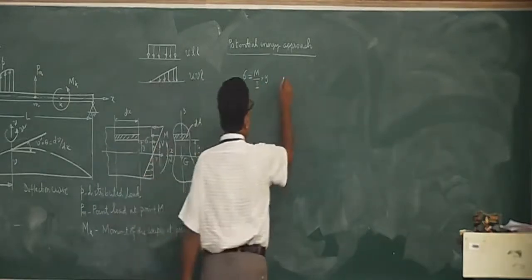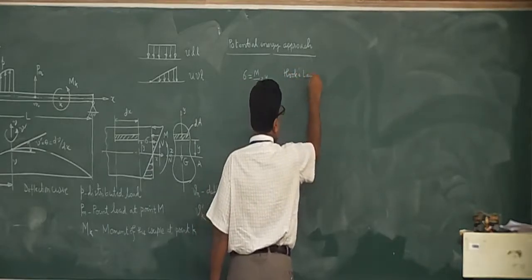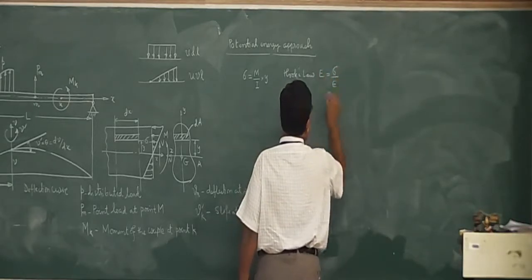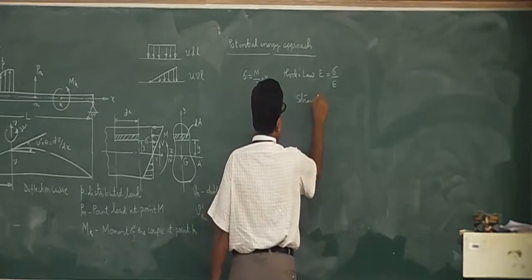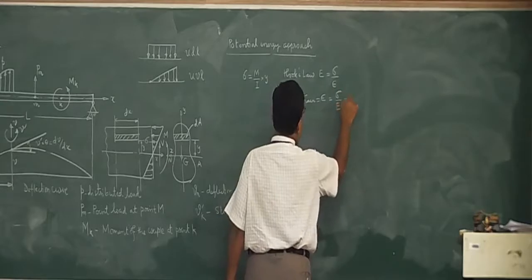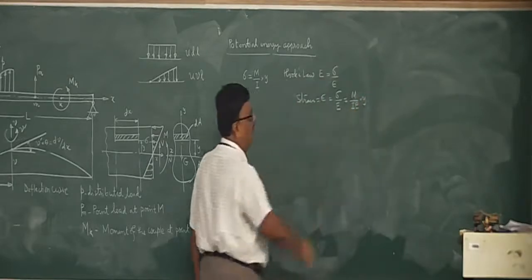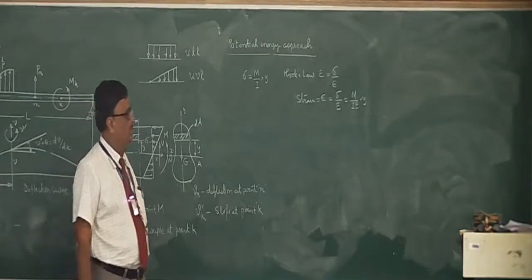And according to Hooke's law, you know that Young's modulus is given by stress upon strain. So therefore, strain is given by epsilon is equal to sigma upon E, and if you substitute this, it is M by IE into Y. This is what we can find out for the linear strain. This is the linear stress and linear strain, we are getting that.